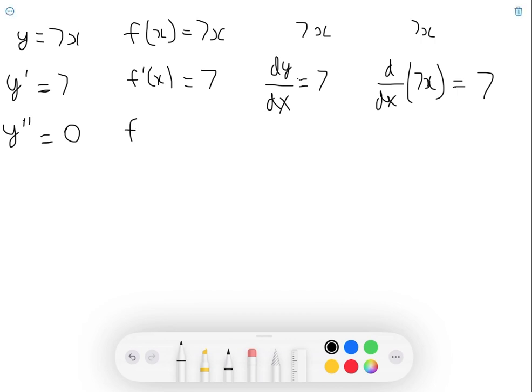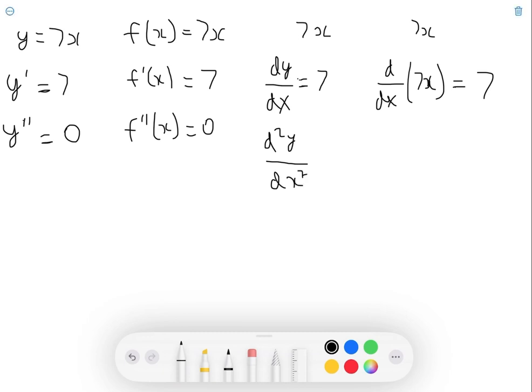For f prime of x, the derivative of that would be f double prime of x, and that still equals 0. The two dashes signify we're taking the second derivative of the original function. For dy by dx, we would write the second derivative as d2y divided by dx squared.